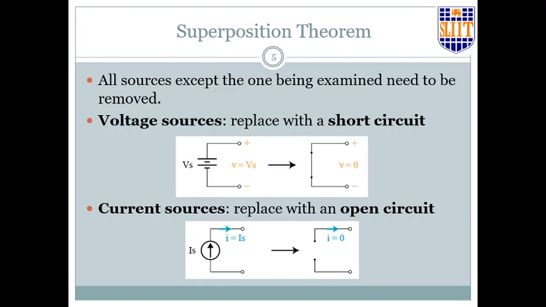So an ideal voltage source will be replaced by a short circuit. In the same way, a current source will have an infinite impedance. So when you remove the effect of the current supply of that source, you will end up with an open circuit, because the internal resistance is infinite. So this is what we have to do for the other sources that we are not considering at a particular stage.